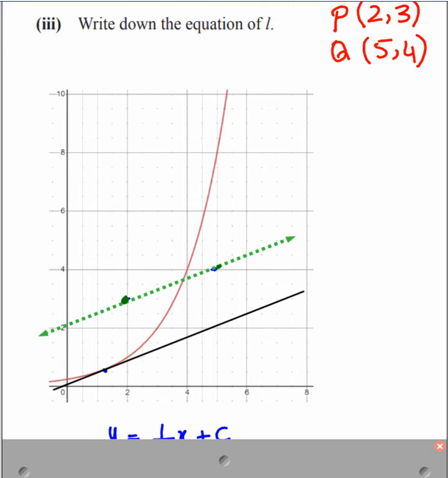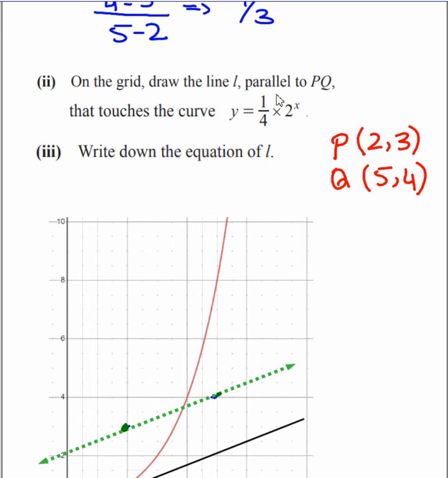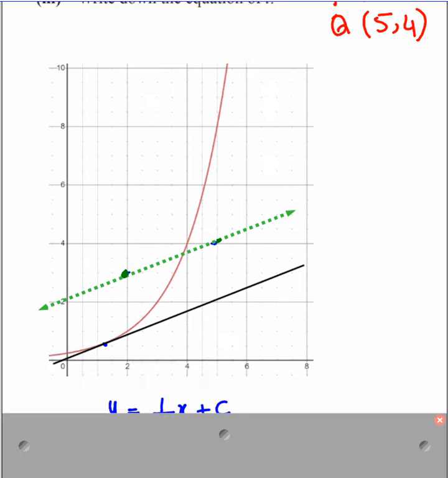Now, when the second part of the question says, on the grid, draw the line which is parallel to PQ and touches the curve, what you will do, you will put your ruler here. Let me take another line here so that I can explain what I mean. So for example, this is your ruler, right?